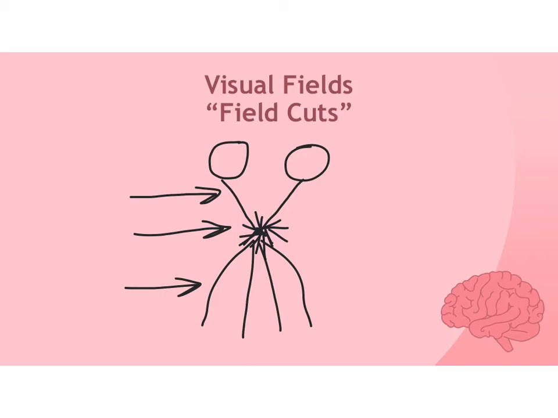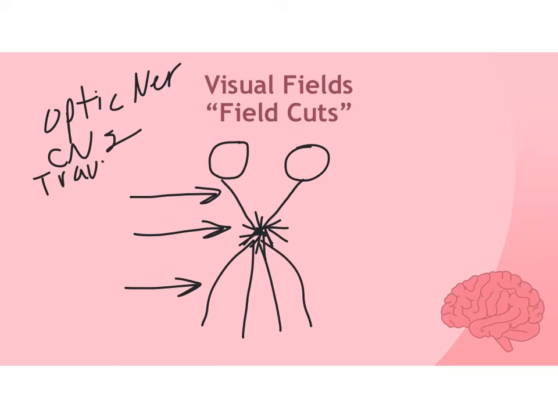So the first one is called Cranial Nerve 2. It is an optic nerve, okay? And it is affected in trauma, and it is same side injury. So if you get hit on the left, let's label that up. This is the left side, this is the right side. If I get hit on the left, I'll probably take out my left optic nerve.